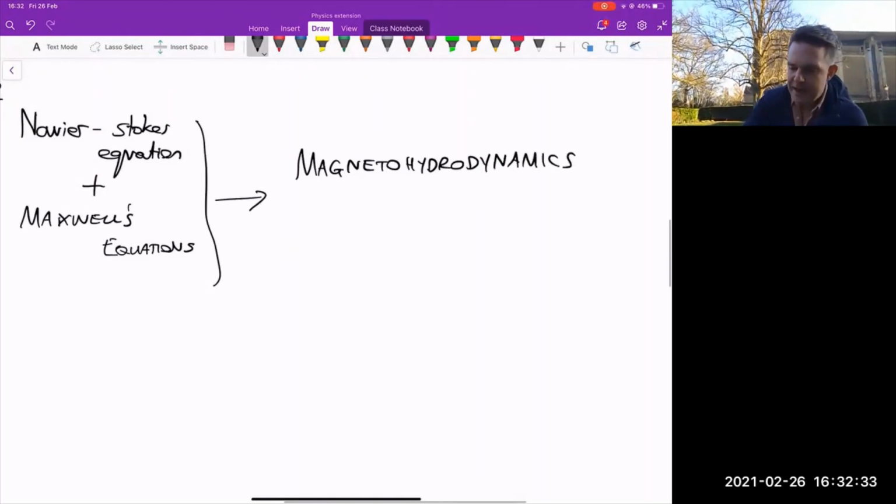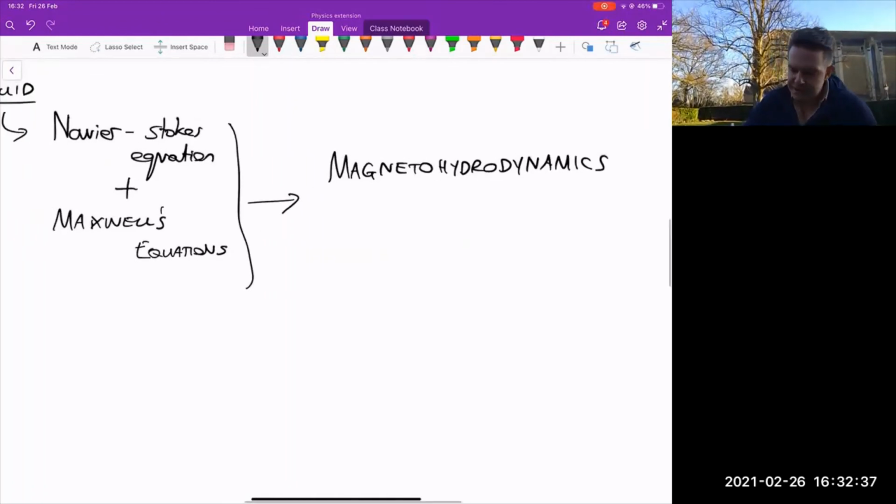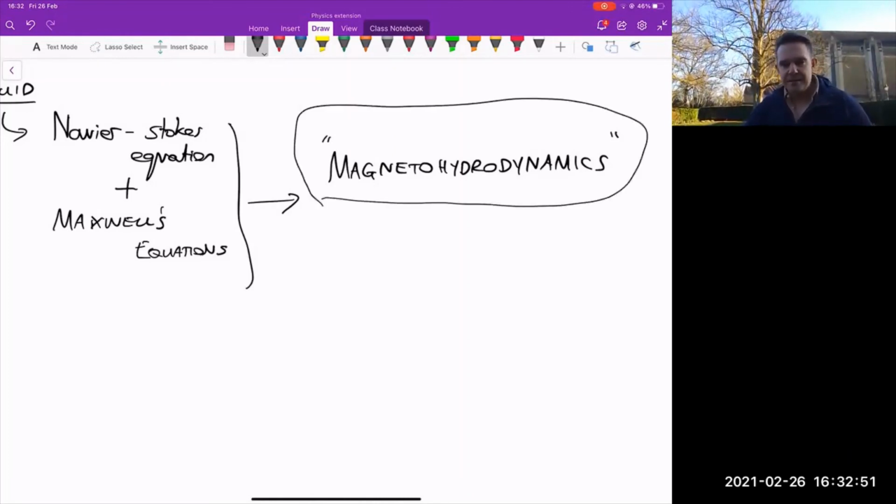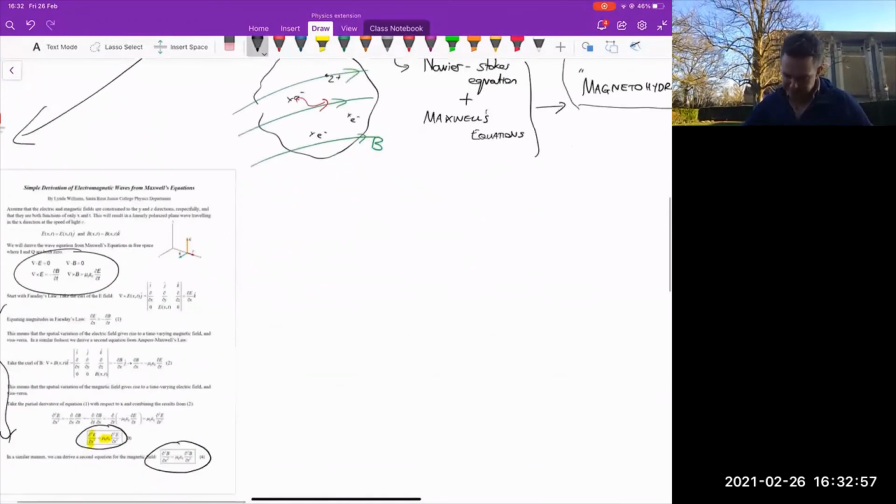Don't worry about the hydro bit, it's nothing to do with water. But this area of science is the study of plasma and the interactions of magnetic fields with the plasma. So magnetohydrodynamics is a big part of astrophysics, the study of stars. Whew, I'm getting quite cold now.